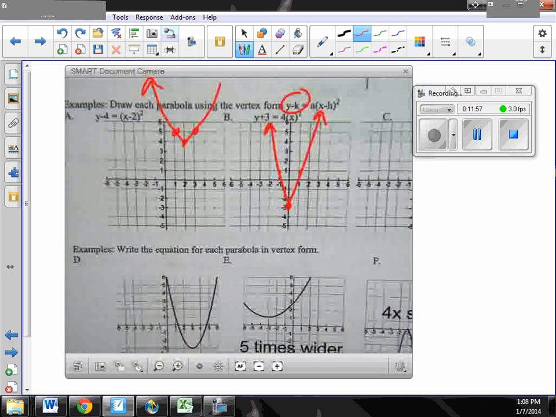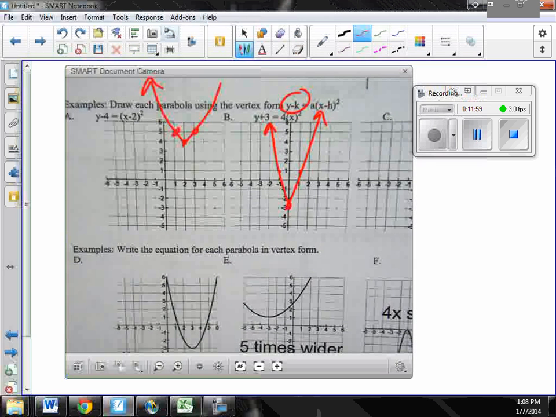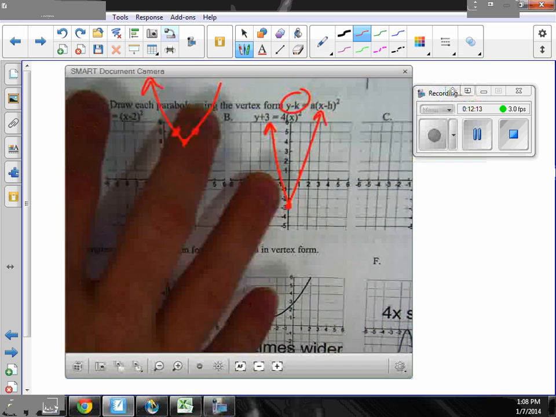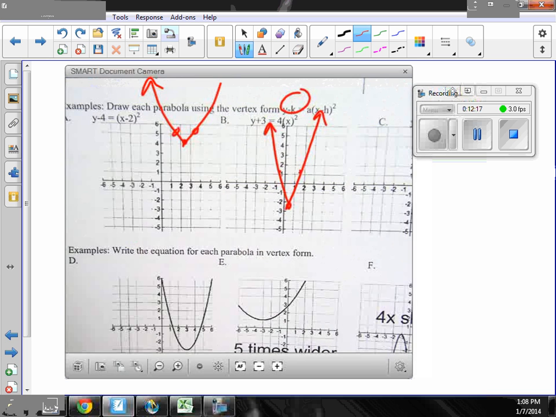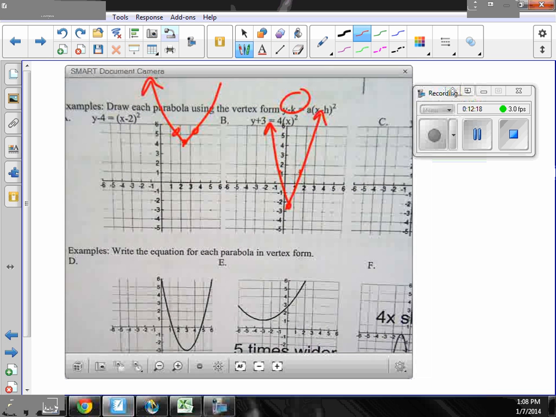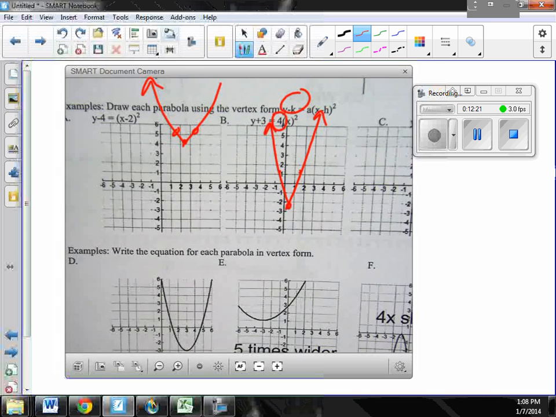Does that make sense, Brendan? Okay. Yeah, we put the k on the left side with the y so that it works the same way that it works with circles. Because we don't want to memorize a bunch of different rules. The A value determines how it opens, and the A value is positive, so it's going up.